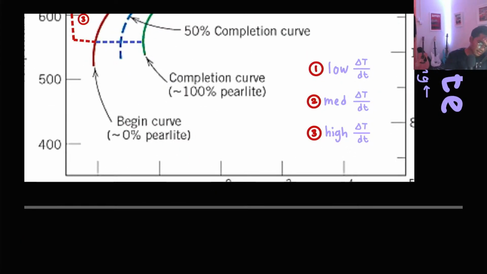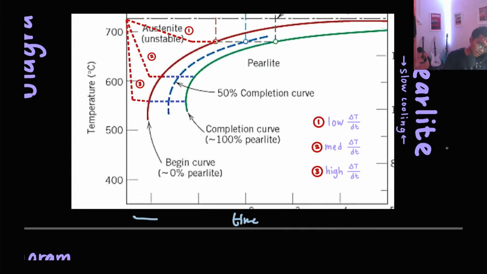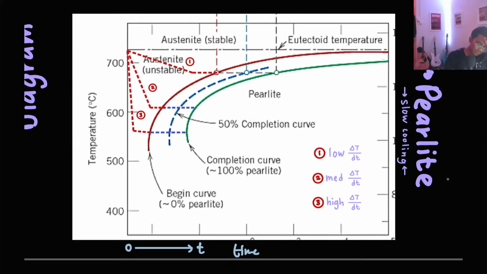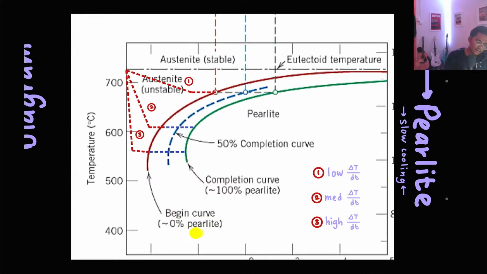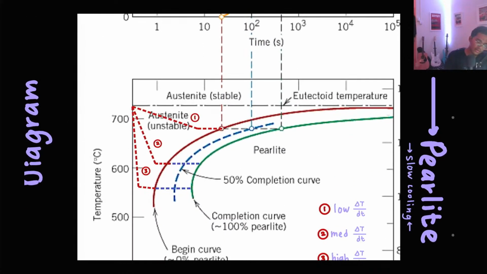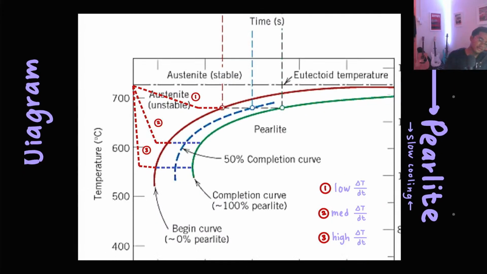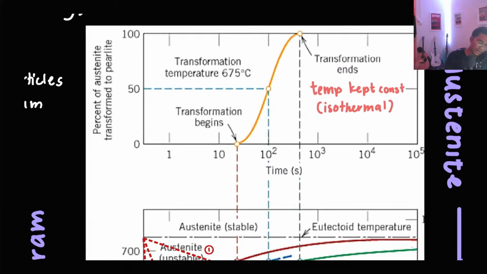Time is here, so this is the initial temperature and this is T. Your experiment starts here and then proceeds horizontally. If you decrease the temperature slowly, you will reach a point where the curve begins, for the pearlite. This is the first curve. And we also have the green curve, which is the 100% pearlite.